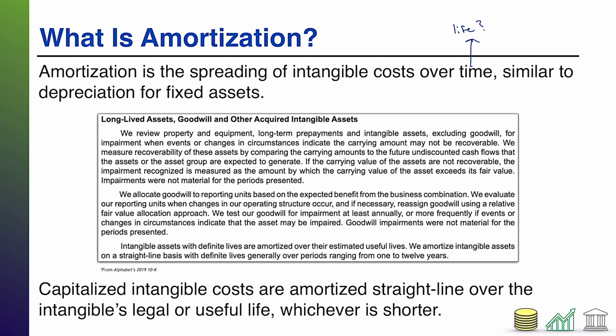And so in that case, you wouldn't want to show this asset on your balance sheet with its full value after that legal life was up, even if you could use it longer. And so again, that goes back to this idea of let's be conservative about it. Let's make sure we're not over-reporting our assets. So you have to use the shorter of the legal or useful life when you amortize assets.